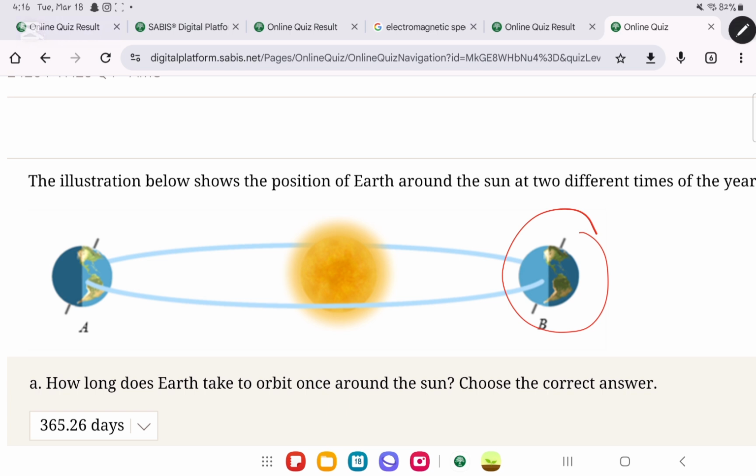And you should know that when the Earth is closest to the Sun, then this is going to be the month of December approximately. Whereas when it is far away from the Sun, it's going to be almost June, July.